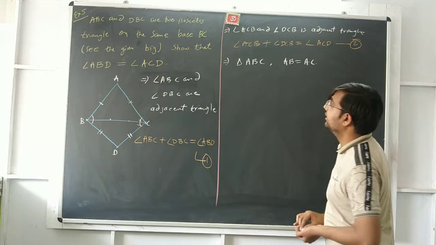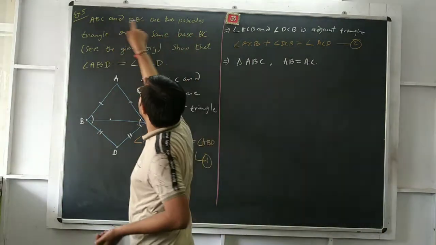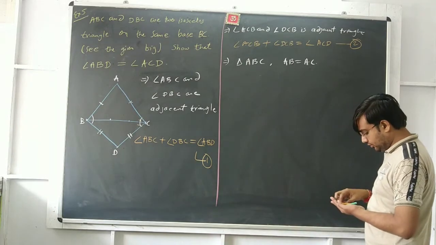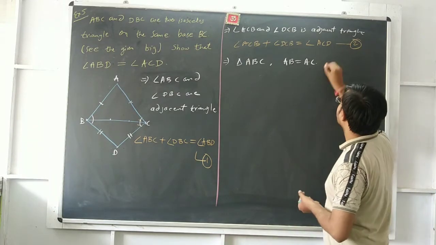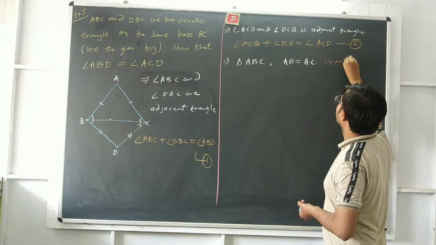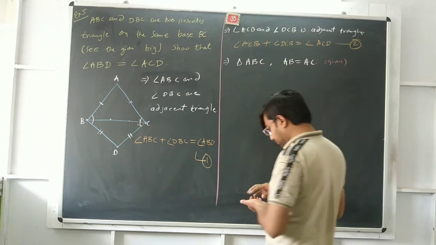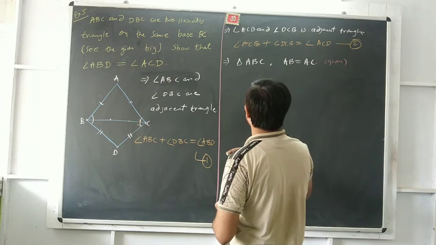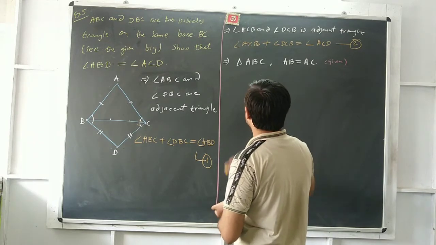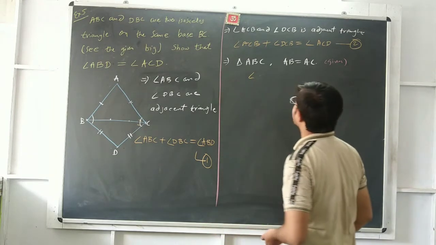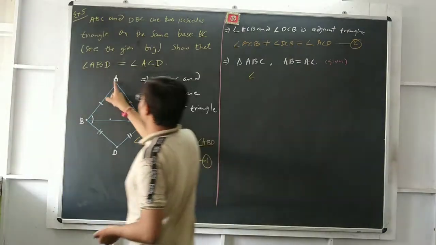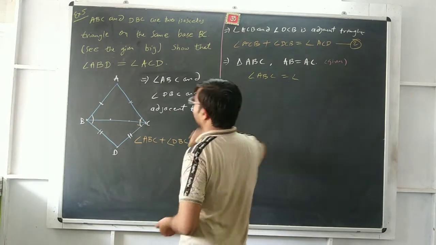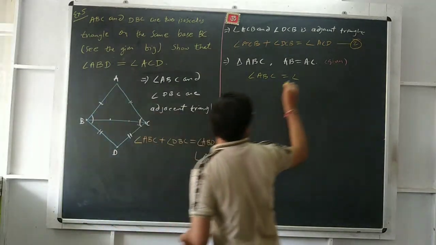It is given because ABC and DBC are two isosceles triangles. So we can write that angle ABC is equal to angle ACB.